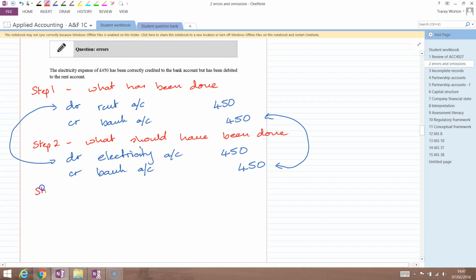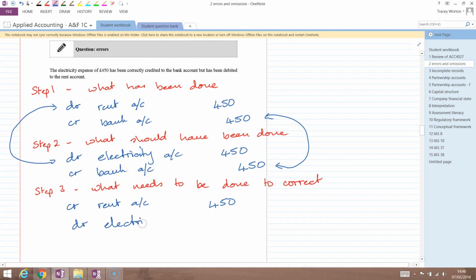So step 3, what needs to be done to correct it? So we need to move it from the rent account, so we're going to credit the rent account with 450 and we're going to debit the electricity account with 450.